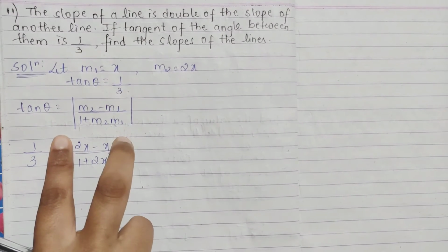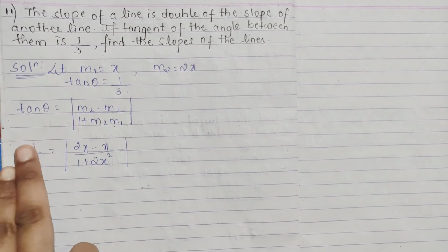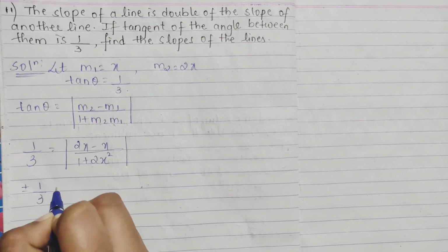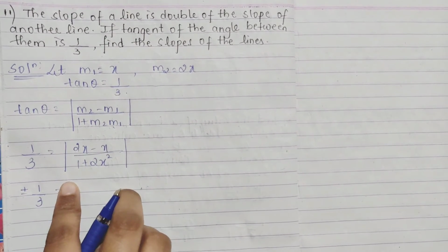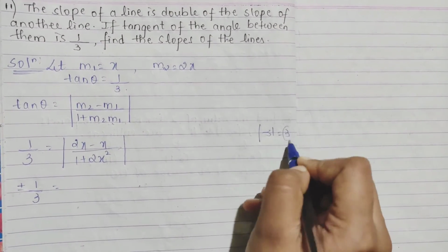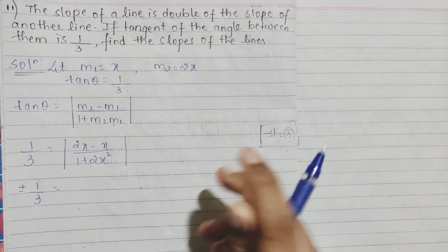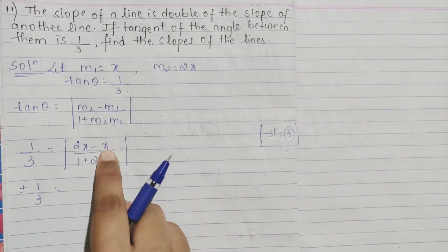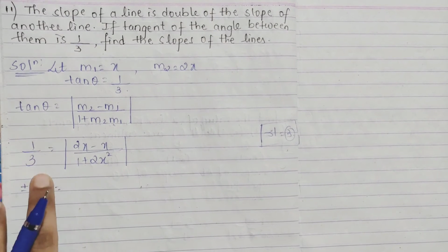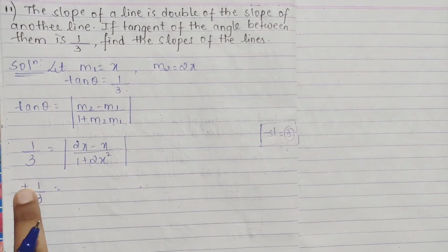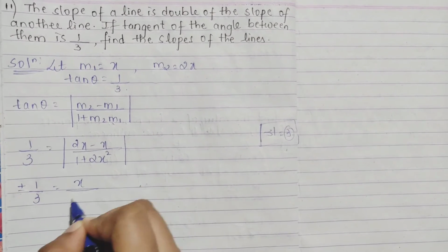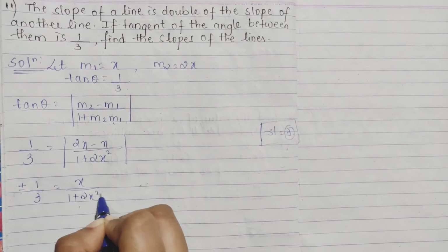Whenever you open up the modulus, the constant part becomes plus or minus 1 by 3. Why do we take modulus? If you have modulus of minus 3, you get 3 only, we know it exactly, but here it is a variable, so we can't tell whether it is positive or negative. So whenever it goes to the other constant part, it will be plus or minus. 2x minus x will be x divided by 1 plus 2x square.